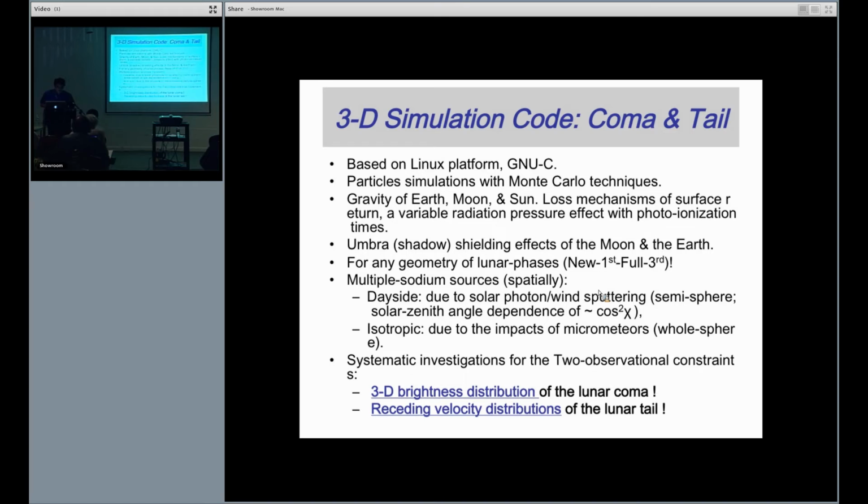One distinctive feature of my simulation is that it considers simultaneously the dayside source and the isotropic source together, and tries to adjust the free parameters to reproduce the observational data. By using this code, we made a systematic investigation for two important observational constraints. The first one is the 3D brightness distribution around the lunar limb, and the second one is the receding velocity distribution of the tail.